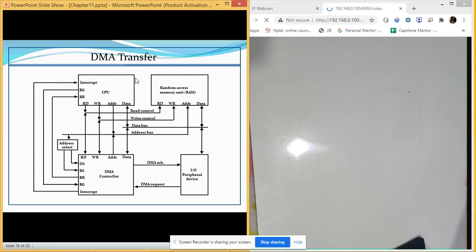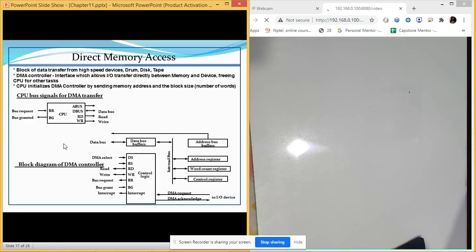It doesn't do anything. Inside this we have read and write operations, we have address, we have data, we have address select, which will help you select the address where you want to transfer the data. Now there are two more things which we were having: the address register, the word count register, and the control register.